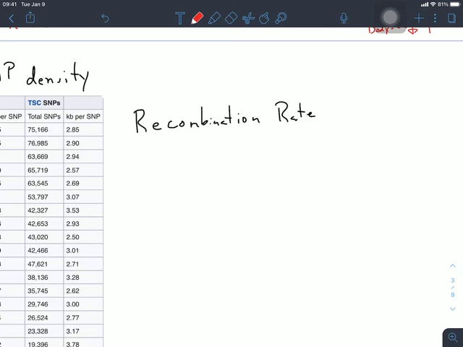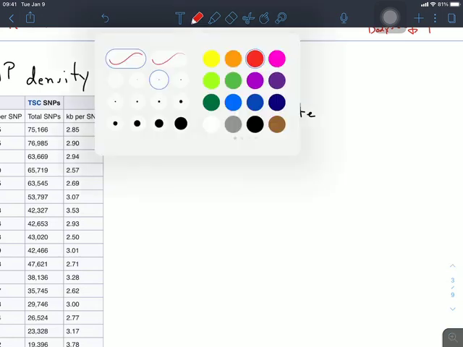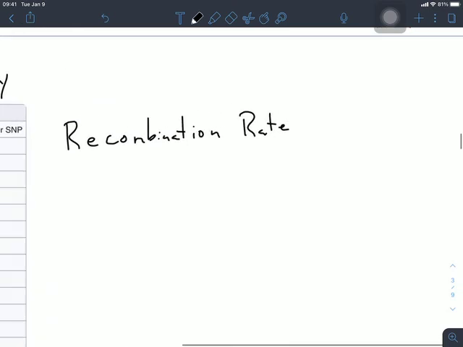Now we also want to connect, coming full circle here, SNP density, recombination rate, and the genetic map. So when we look at the genetic map of humans, we see that one map unit is roughly equivalent to 1 million base pairs, or megabase pairs.